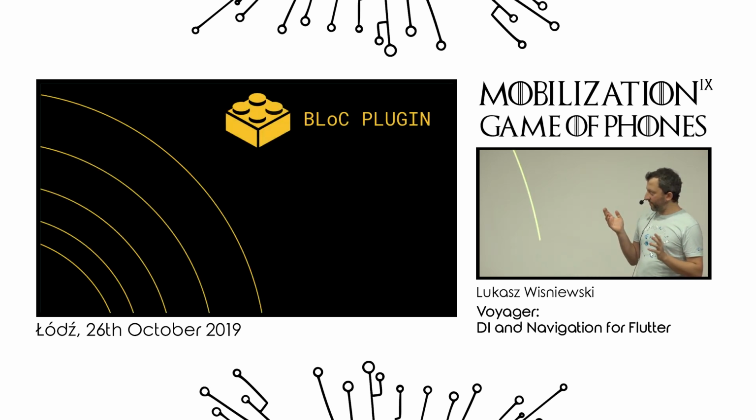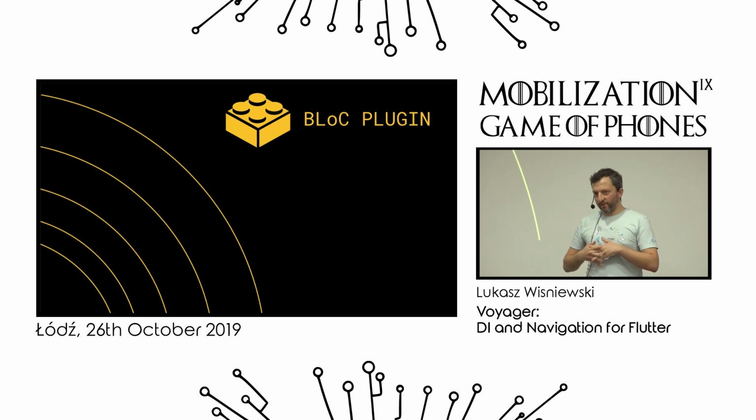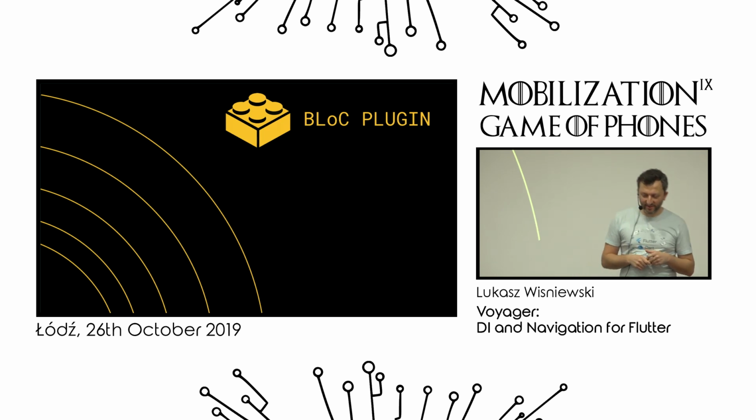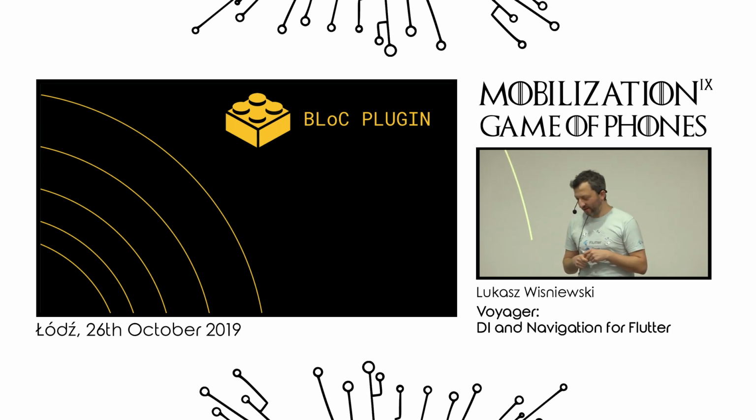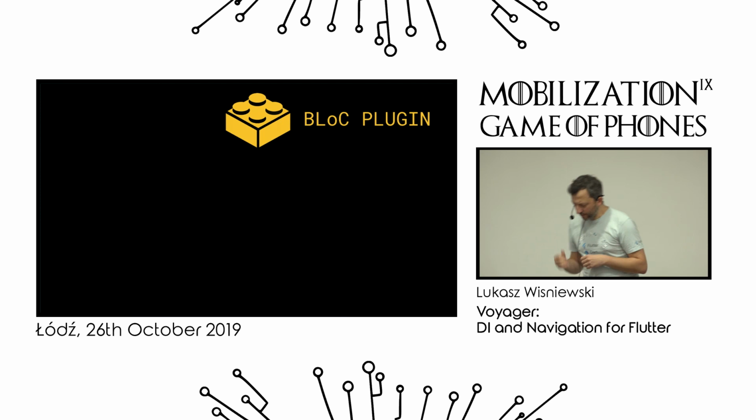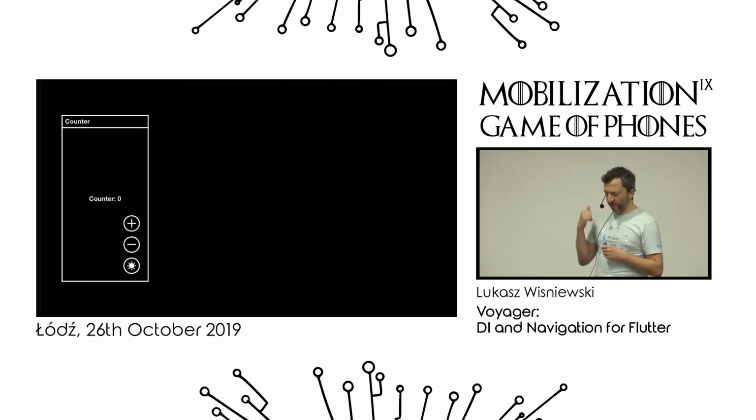And I guess the last example is about Bloc. Has anyone here heard about Bloc? All right, quite some hands. So Bloc is a state management for Flutter. And I'm going to start here with another sample app, but this one is by Felix Angelov, because the plugin is for his library.